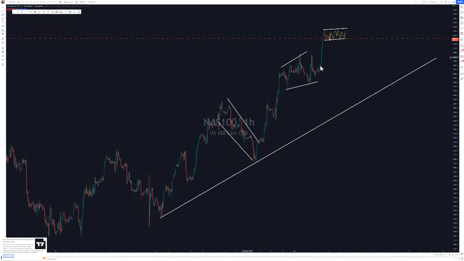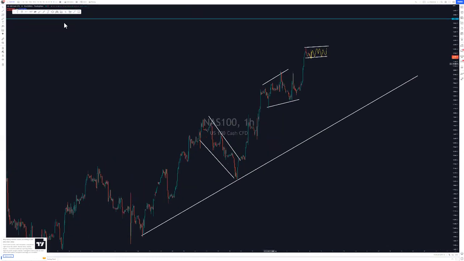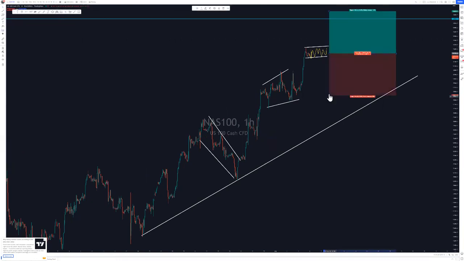Remember, when you're trading, you need to have a target. So when the setup is like this, guys, my target has to be around that level, and always set a tight stop loss, which is somewhere around that level.